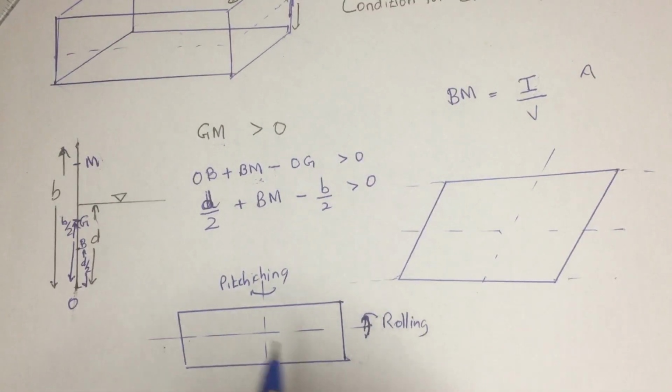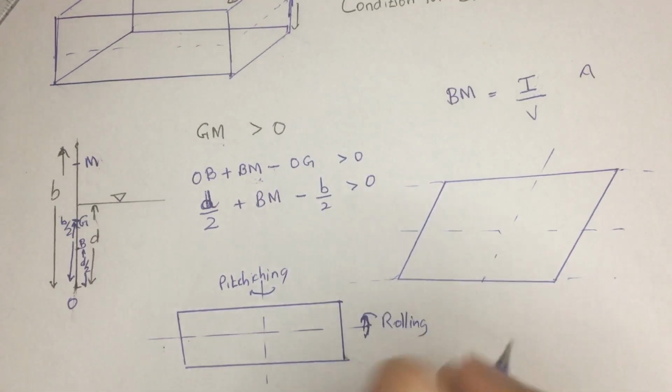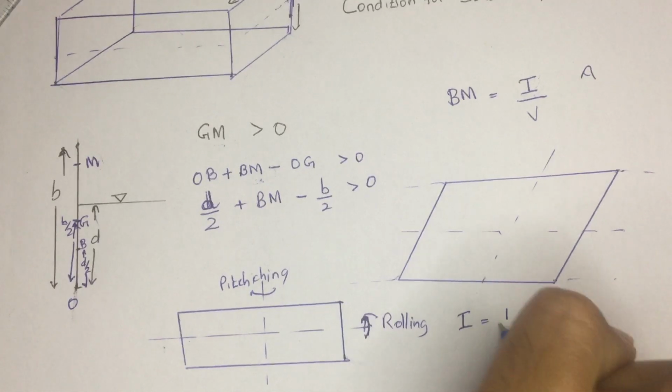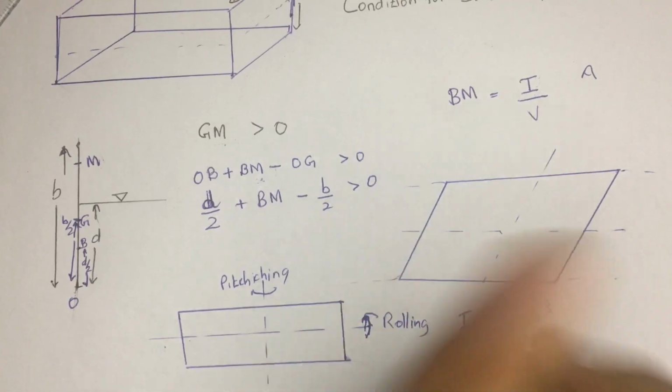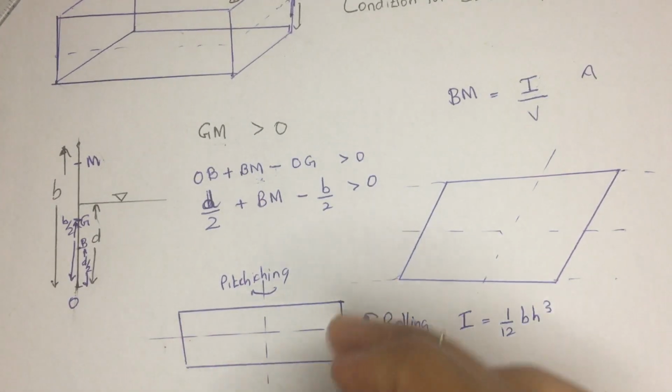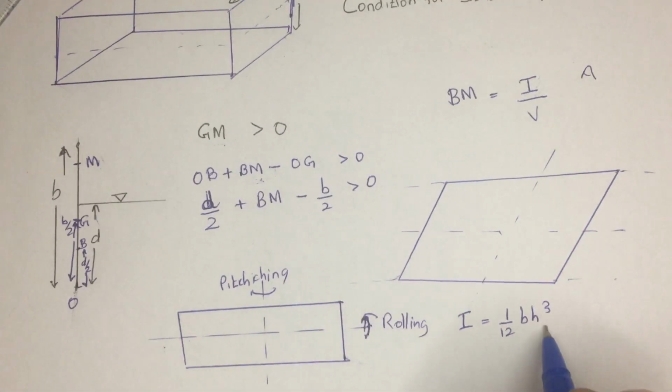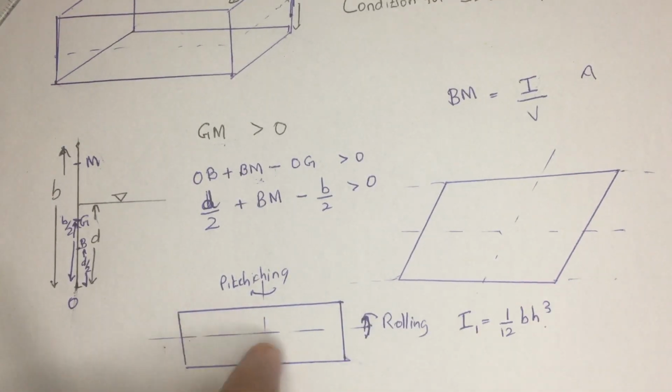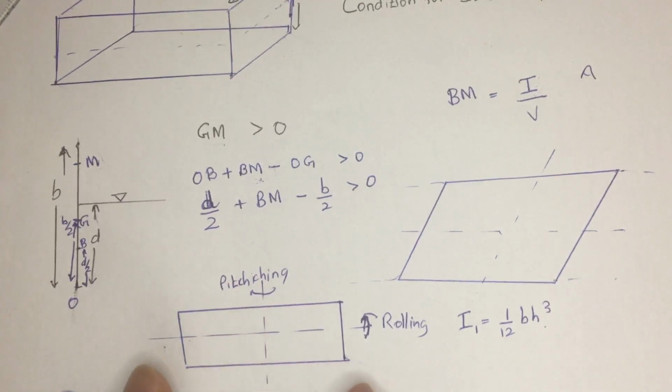So when we are taking I from this axis, we knew that I is equal to 1 by 12 BH cube. This is the base for this axis and this is the H. So it's going to be lower. Let's say this is I1. If you take the second moment of area from this axis, it's going to be 1 by 12 into B, this length, into H cube, which means this length is very big.